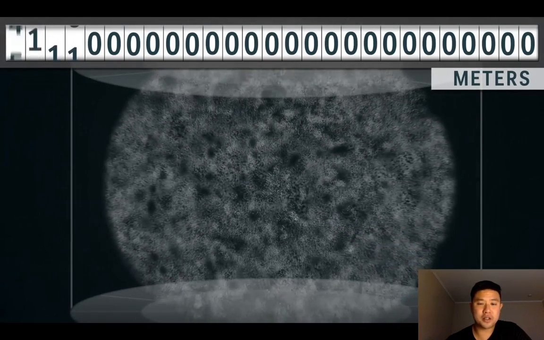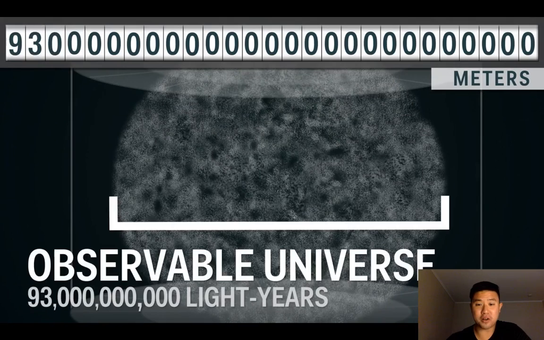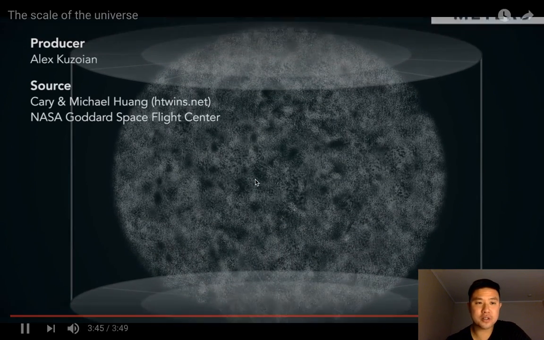That's really big in scale. Observable universe. Wow. There could be more, because light can't reach us.